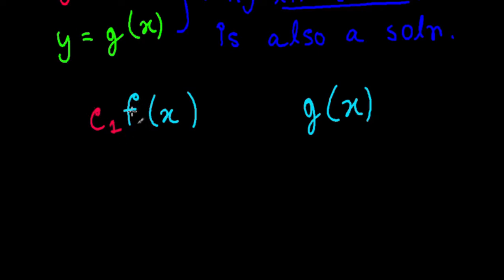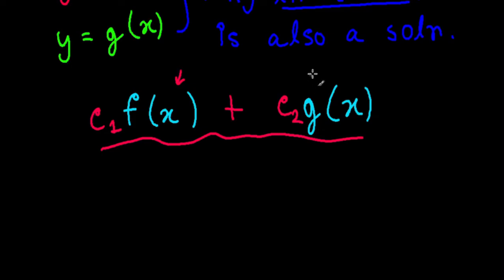It can even be 0, it can be pi, it can be negative, it doesn't matter. Then any arbitrary constant, let's call that c2, with g of x, and you can take the sum of these two. This is a valid general linear combination of the two functions f of x and g of x.